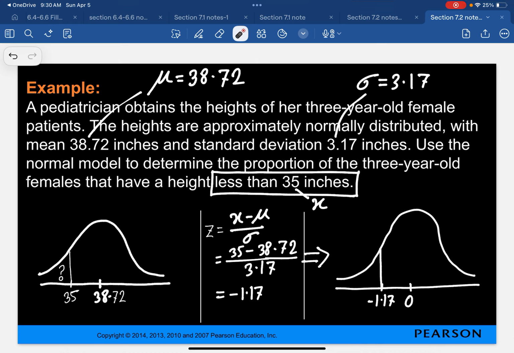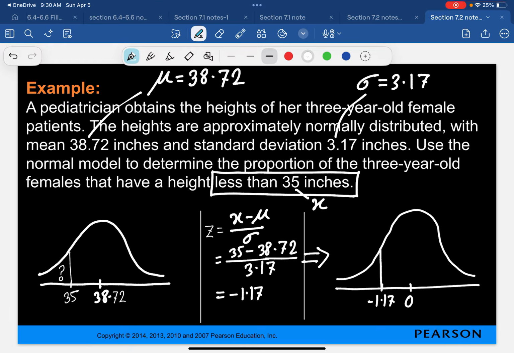Because finding the area to the left of 35 is exactly the same as finding the area to the left of negative 1.17, since we made the conversion. So basically, we are going to use the table to find the area to the left of negative 1.17.